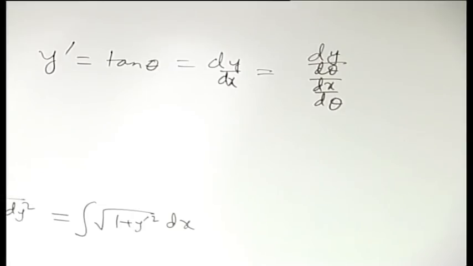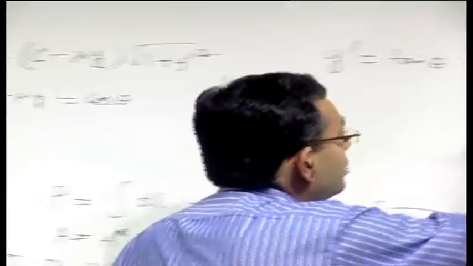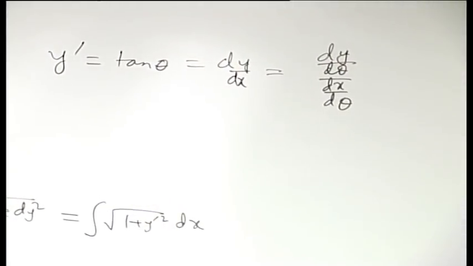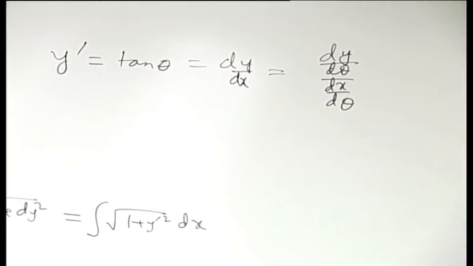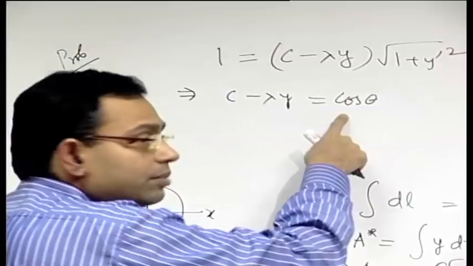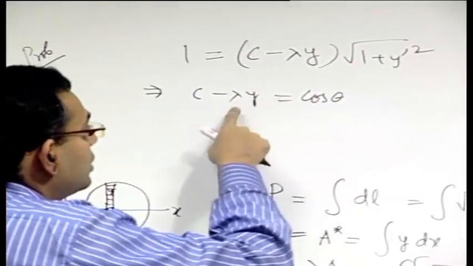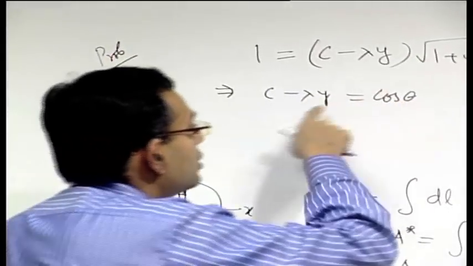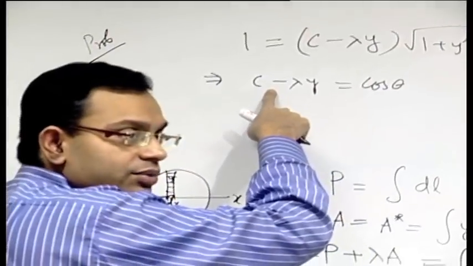So from here you will get an expression for cos theta. Similarly, what do you get from here? dy d theta is minus 1 by lambda or cos theta, so this minus and this minus will cancel.